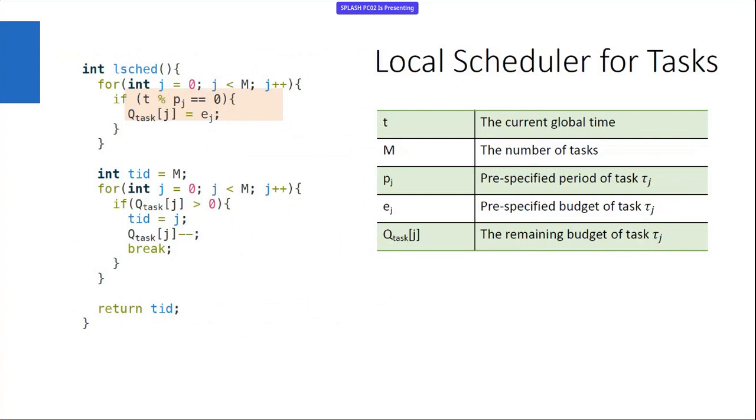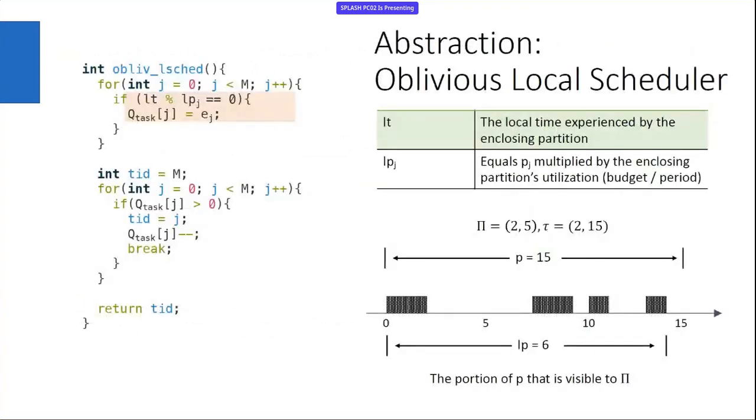However, you can show this local scheduler is a refinement of the next scheduler, which is an oblivious local scheduler, where you just replace the T with the local time, which is the local time experienced by the enclosing partition, and the LPJ, which is the logic period, equals this period PJ multiplied by the enclosing partition's utilization budget.